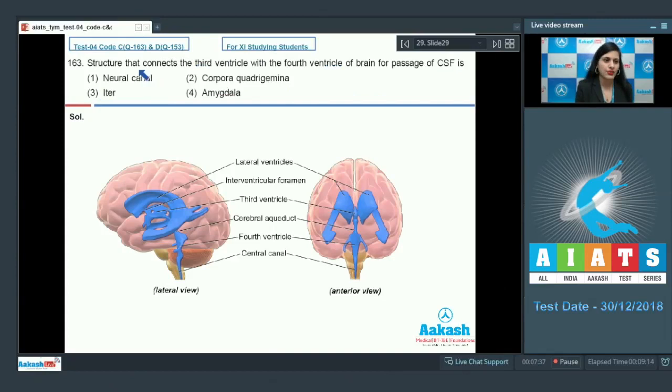Question number 163. Structure that connects the third ventricle with the fourth ventricle of brain for passage of CSF, cerebrospinal fluid, is, and the correct answer to this question is option number 3, that is aqueduct.